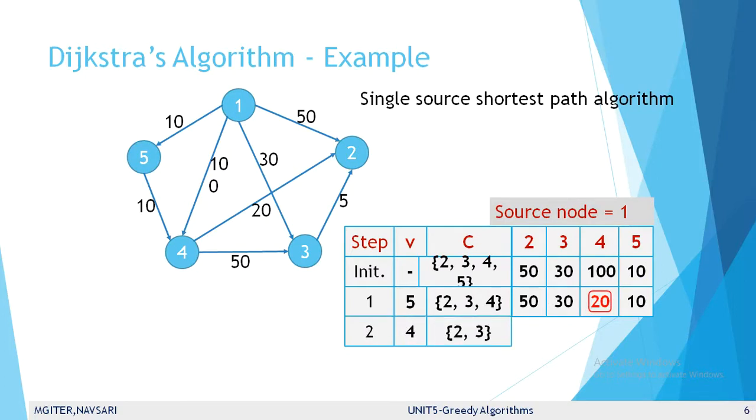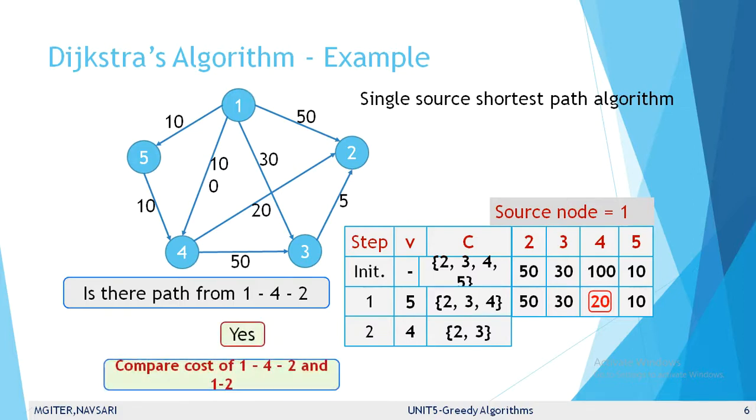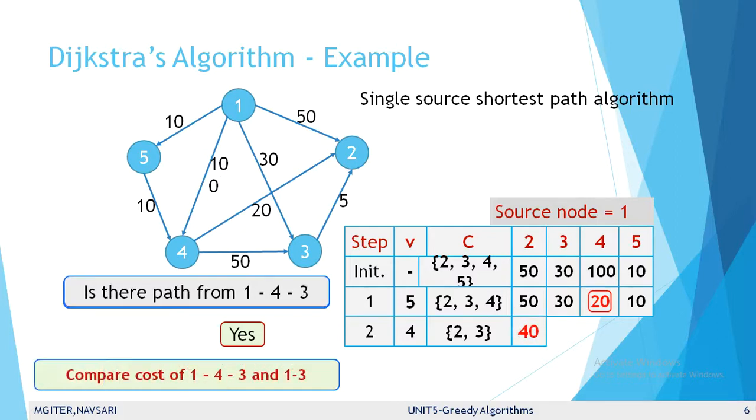So the candidate vertices are 2 and 3. First of all, is there a path from 1 to 4 and 4 to 2? Yes. Now we compare the cost. The path 1 to 5, 5 to 4 and 4 to 2 costs 10 for 1 to 5, 10 for 5 to 4, and 20 for 4 to 2. So the total cost is 40, and here we write 40. Next we check if there is a path from 1 to 4 and 4 to 3.